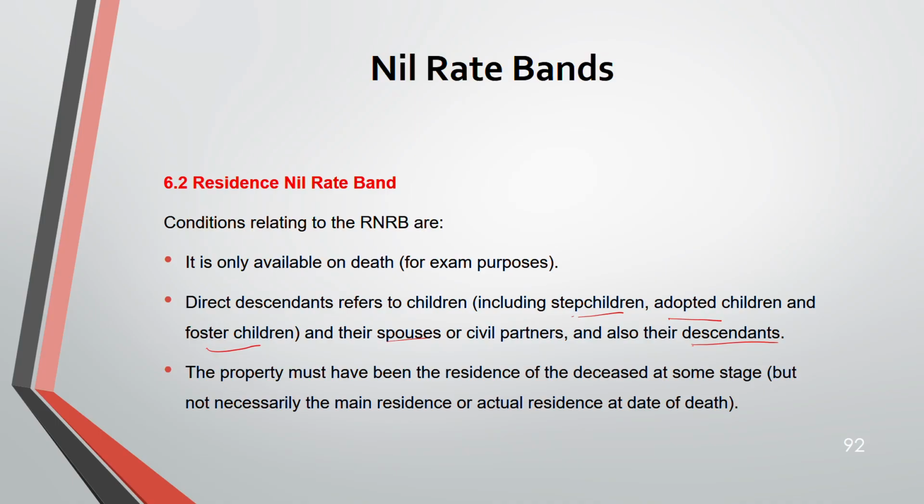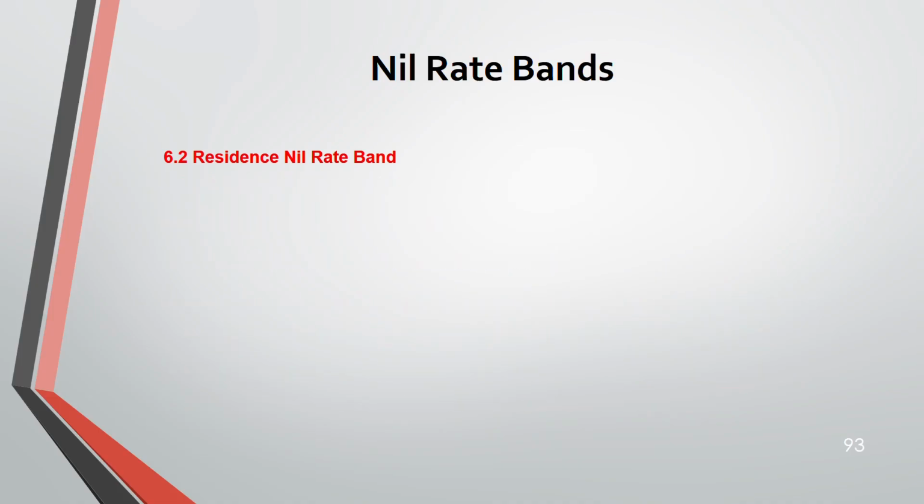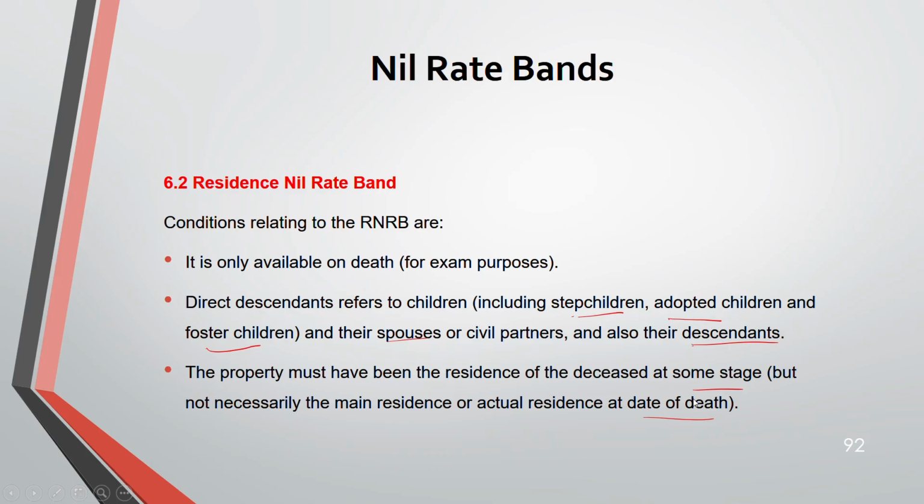Then, the property must have been the residence of the deceased at some stage, but not necessarily the main or actual residence at the date of death. At some point in their life, it was the residence of the deceased. So these are the three conditions to claim the RNRB.